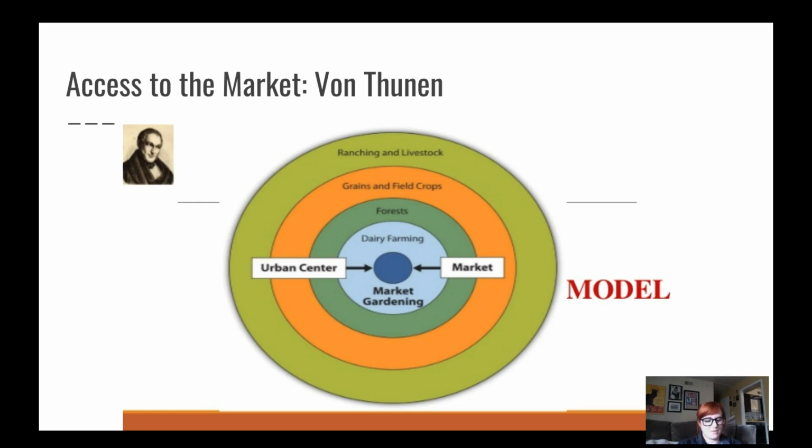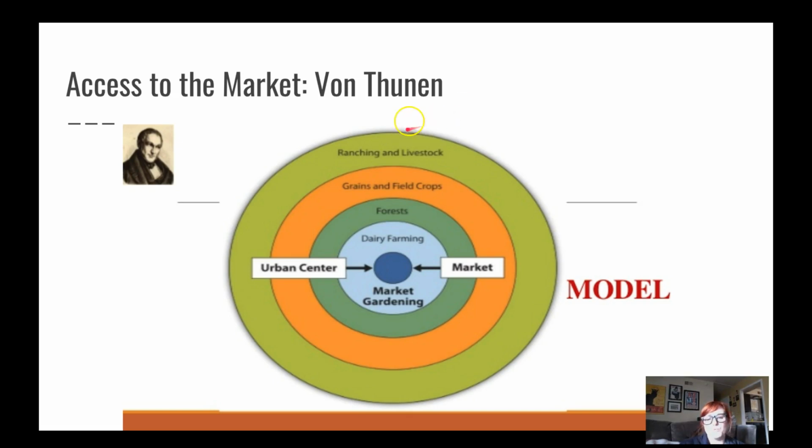Okay, so here's something else to remember about Von Thunen. This is an older model. I would say kind of second agricultural revolution. This was a pretty true model. Nowadays, this doesn't exist as much.